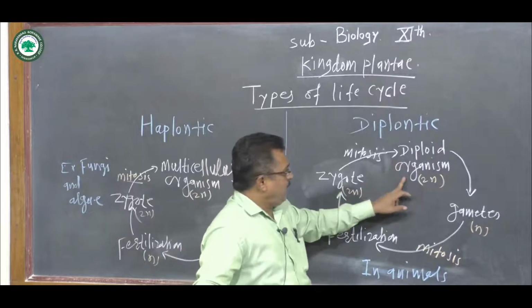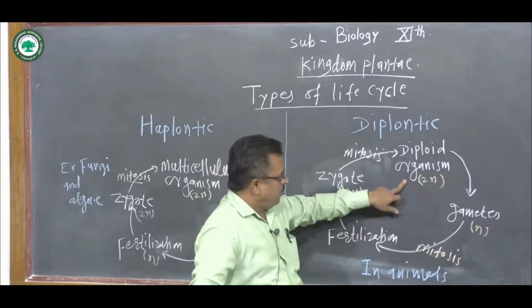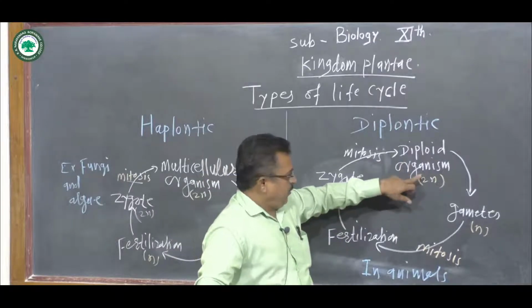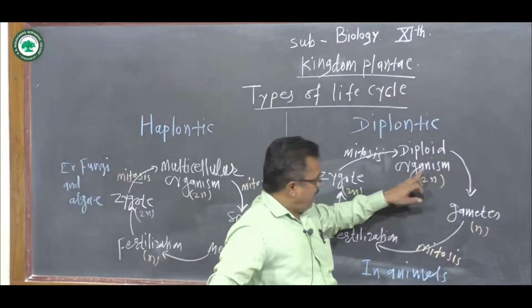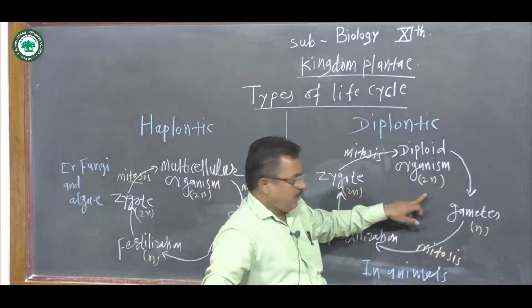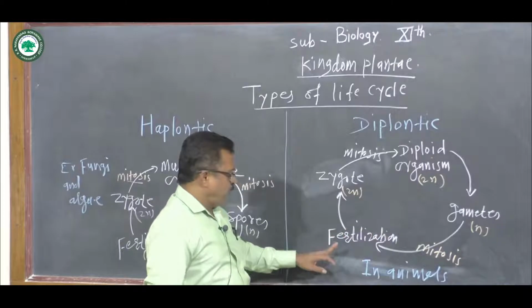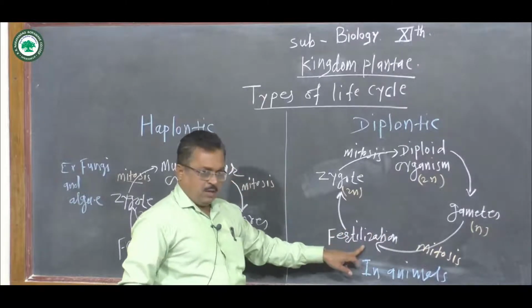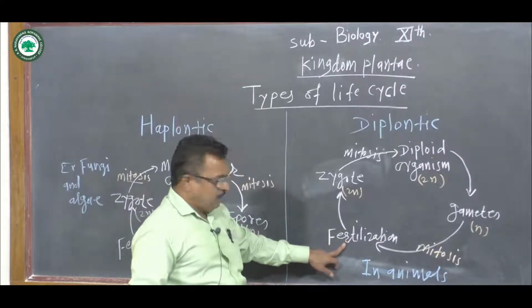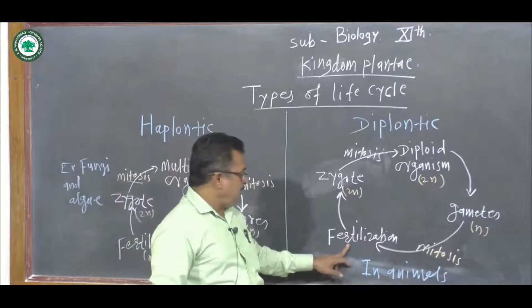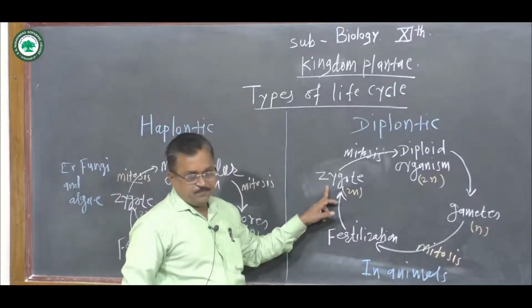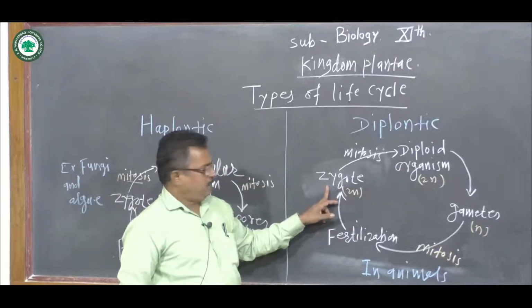Here the diploid organism, the multicellular organism, is diploid. They produce the gametes by meiosis. Then these gametes fuse, called the fertilization. After fertilization, the zygote is formed. Zygote is diploid.